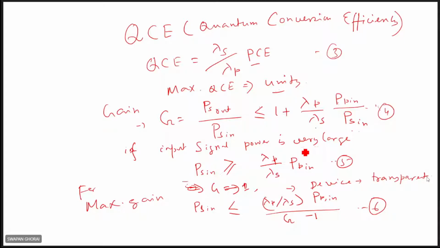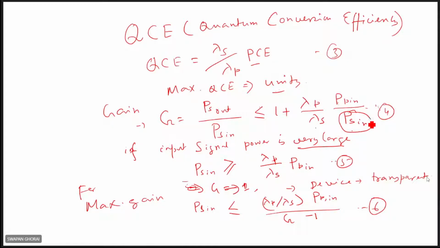But if it is very high, greater than this ratio lambda p by lambda s times P input, then this term will be neglected, because something divided by a very high value will be 0.